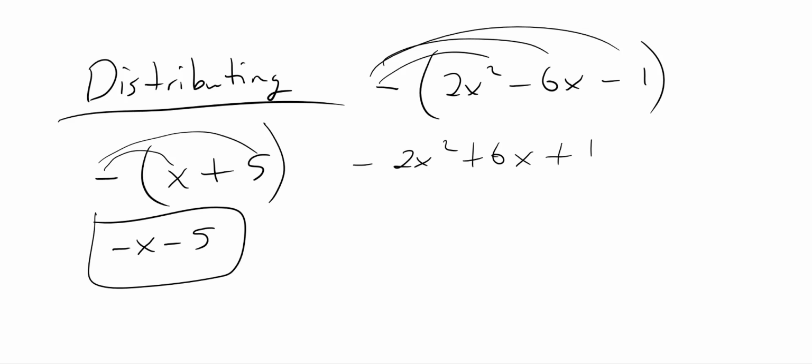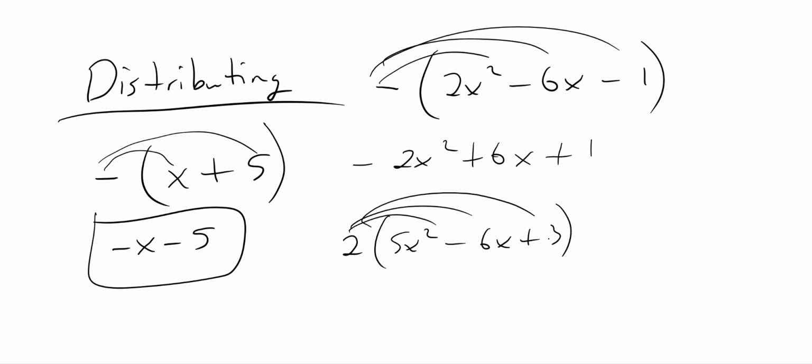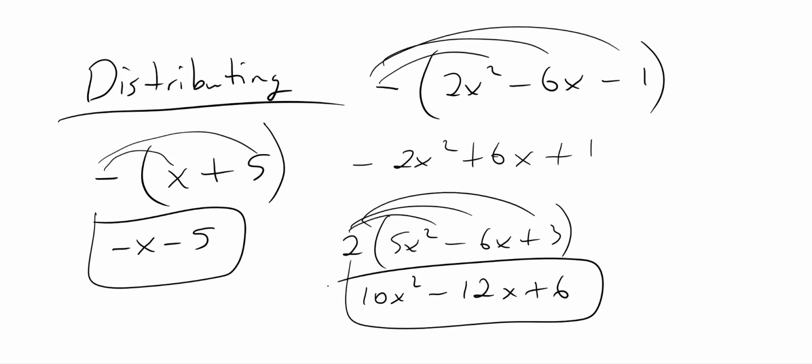Okay? If you have a number in front of it, so let's say we have a 2 parentheses 5x squared minus 6x plus 3, make sure you distribute the 2. So it would be 2 times 5x squared is 10x squared, 2 times negative 6x is negative 12x, and 2 times 3 is 6, and that's your answer. Okay, pretty easy. That's distributing.